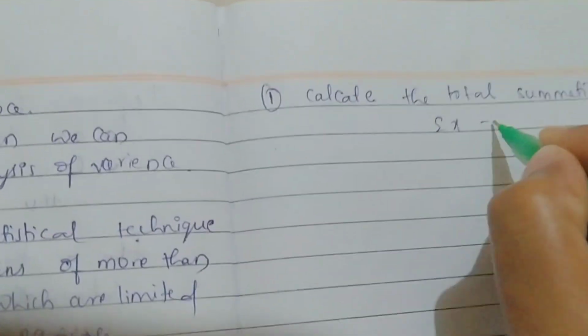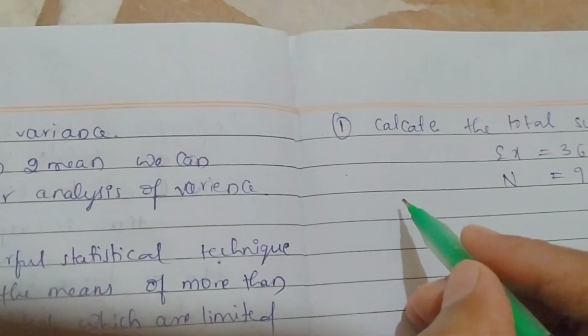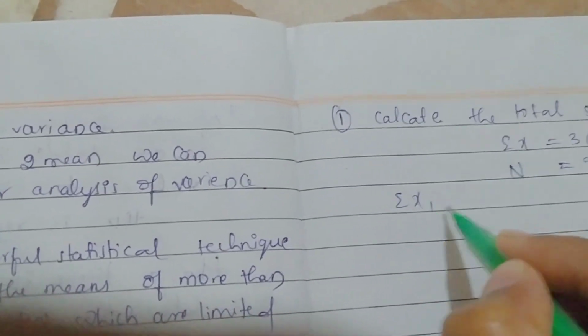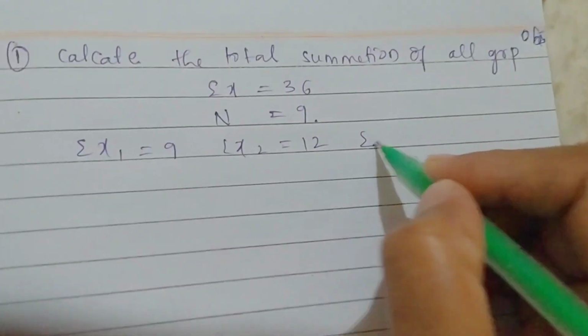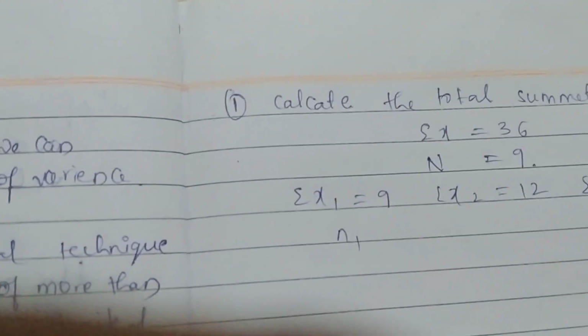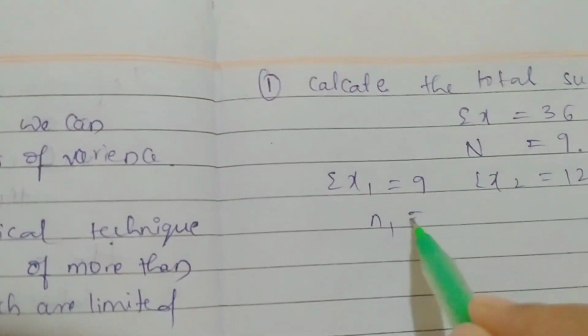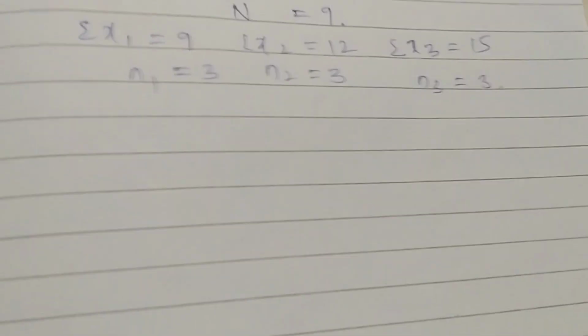So summation of x is equal to 36, and total observations N is equal to 9. Next, we also need to write summation of x1 is 9, summation of x2 is 12, and summation of x3 is 15. Similarly, n1 is 3, n2 again 3, n3 is going to be 3 again.